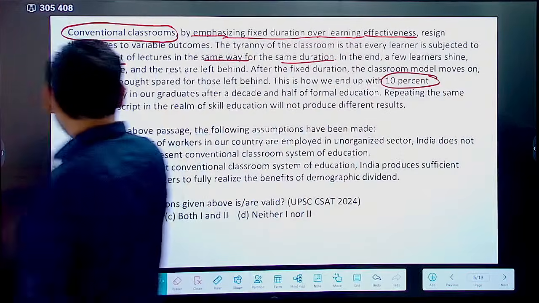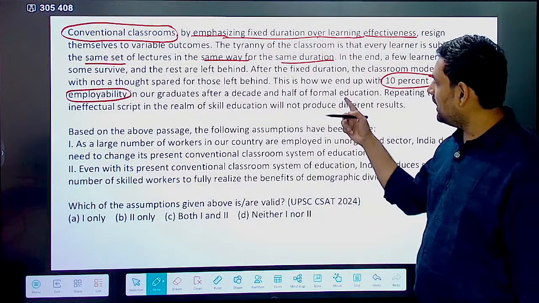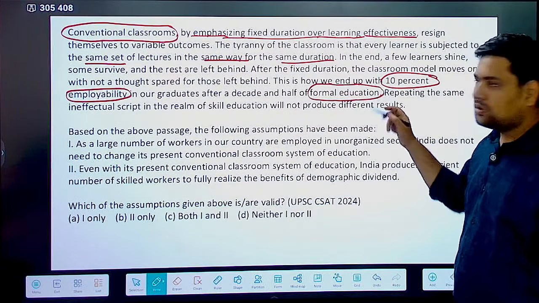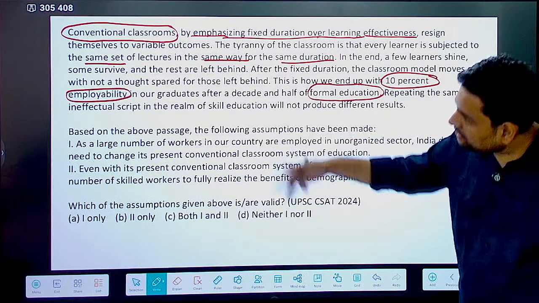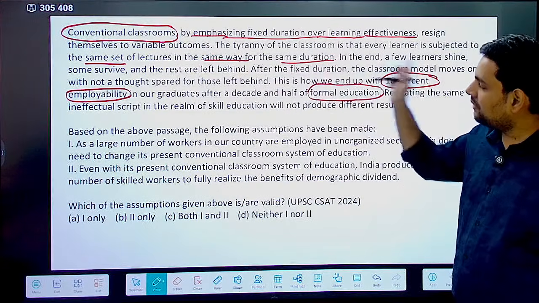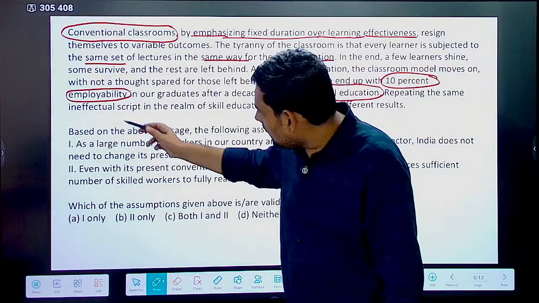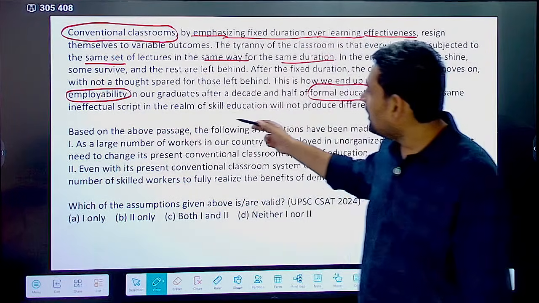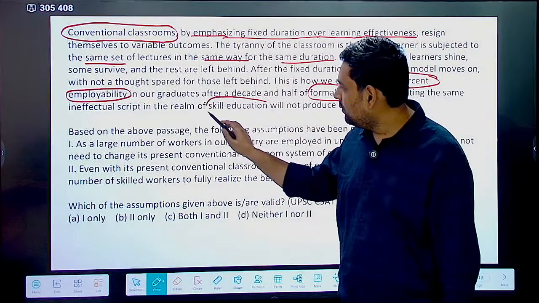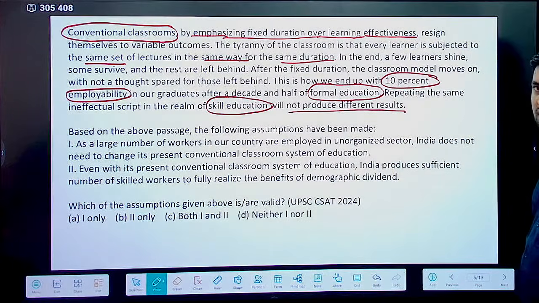So this is talking about that we have 10% employability in our graduates after a decade and a half of formal education. After so much formal education we still have very low employability because conventional classrooms teach the same thing the same way for the same duration. Then repeating the same ineffectual script in the realm of skill education will not produce results. So if we do the same thing in skill education, it will not produce results.